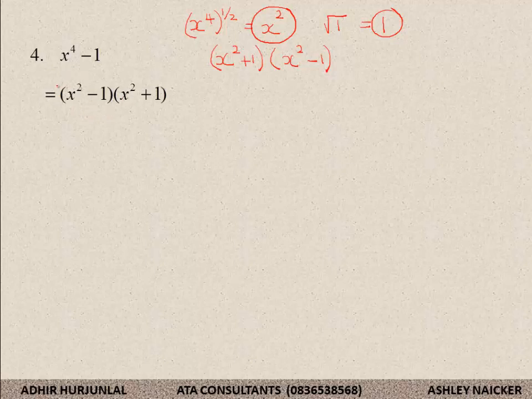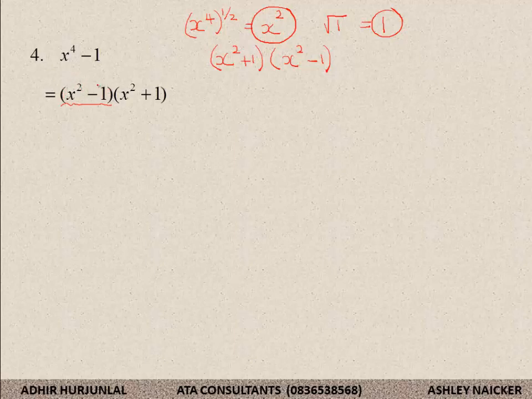Once I do this, before I even go to my next question, look at the brackets and ask yourself, can I not perhaps factorize the bracket any further? Look at this portion, x squared minus 1. X squared plus 1 I cannot factorize because this is not the difference. But x squared minus 1 I can. How do I do this, guys? I find out what is the square root of x squared?